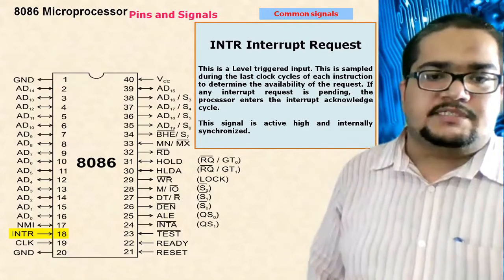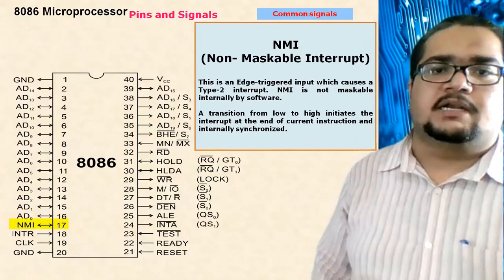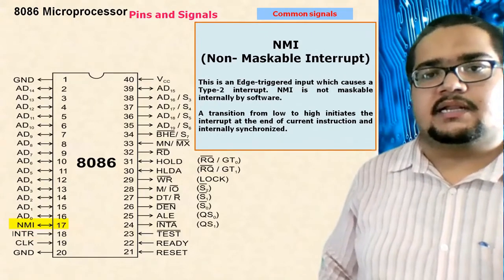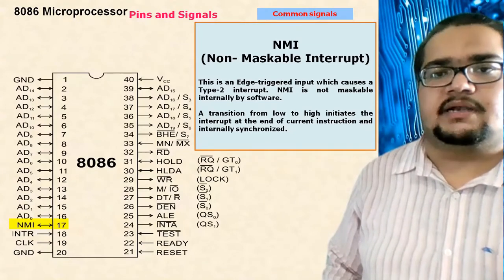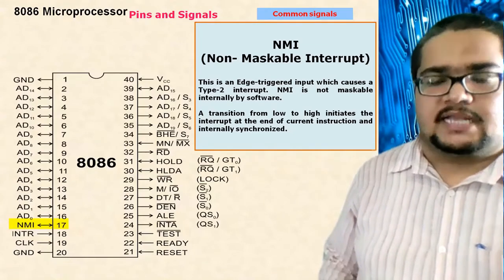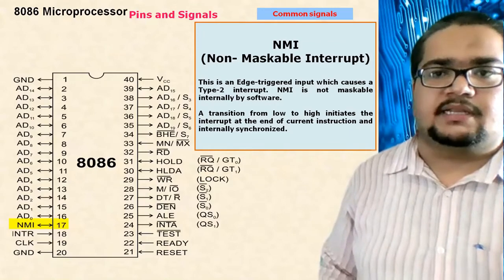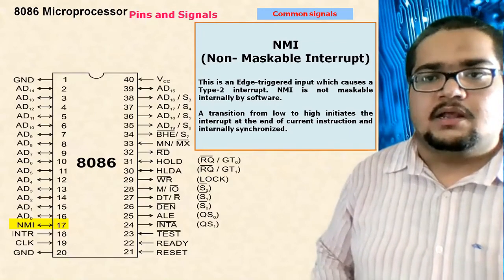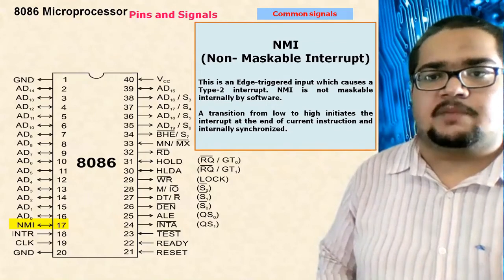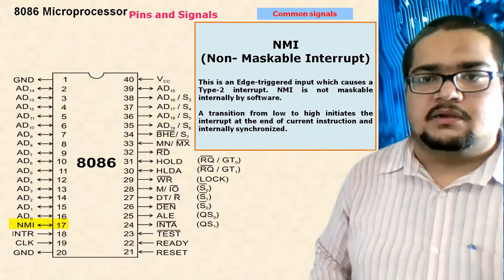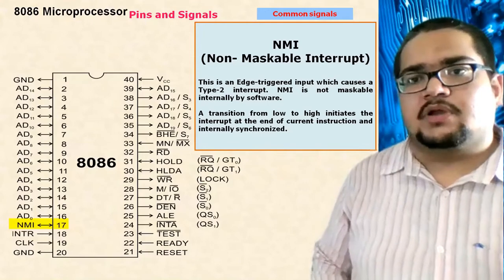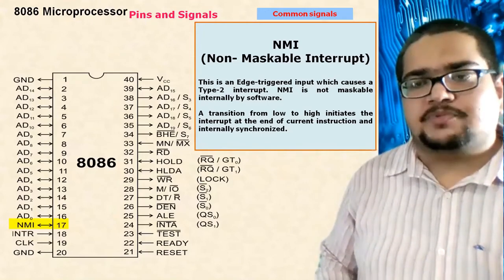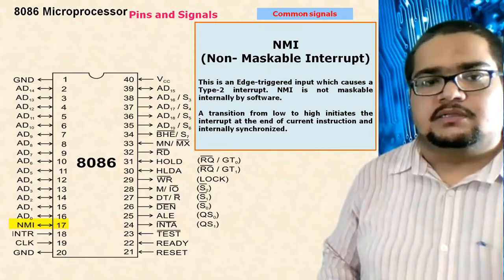Similarly, the non-maskable interrupt is an edge triggered type of input. It gets triggered when an edge signal is given at pin number 17. The interrupt requests given at this particular pin are not maskable. Maskable means, as I told you earlier, things which are ignorable, with the option of ignoring them.